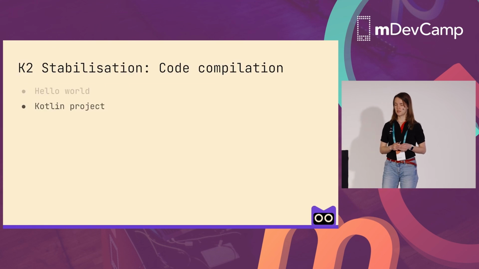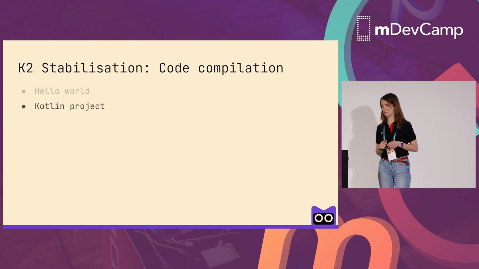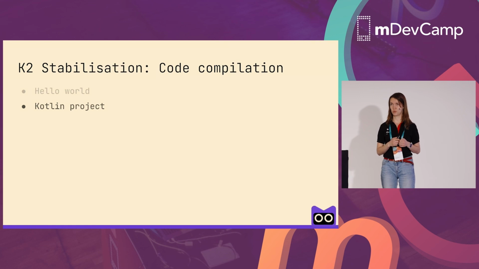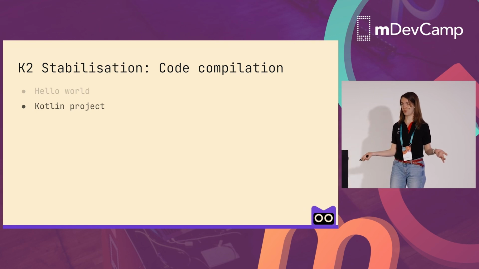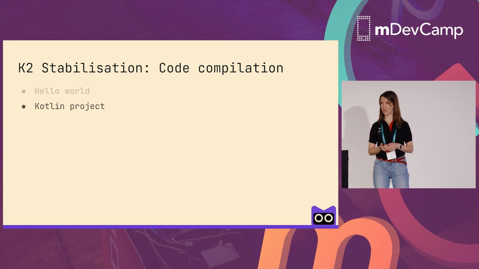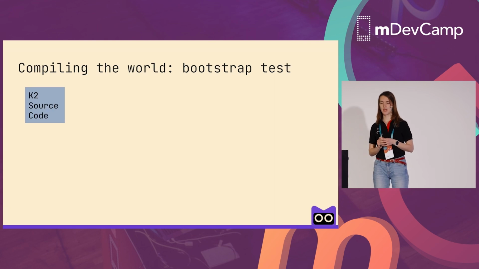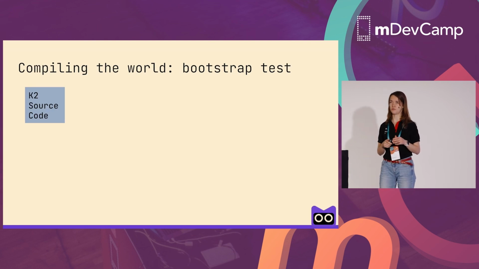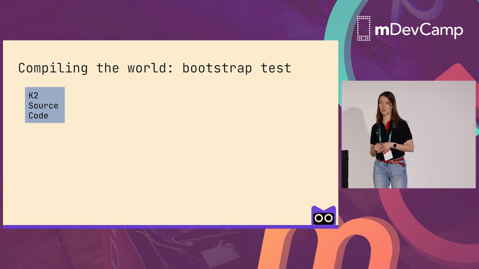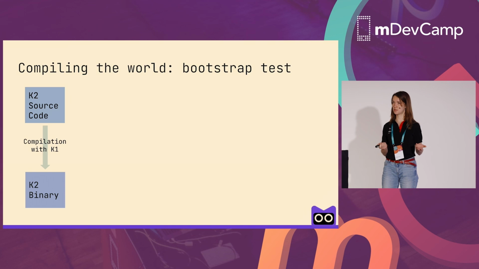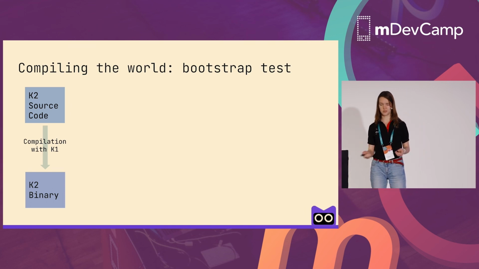The next thing is the natural one. You have some code, you want to compile more. Why don't you compile your own project? So we have this test as well. This is called the bootstrap test, or bootstrapping of a compiler. So you take the K2 source code, you compile it with the K1 compiler, which is the current stable Kotlin compiler. This is how we get the K2 binary.